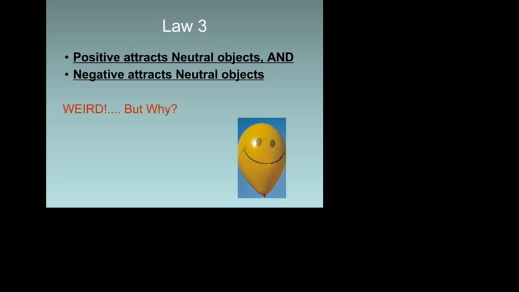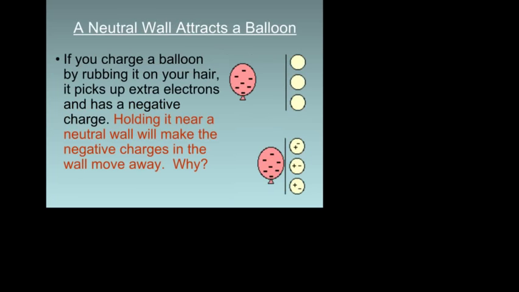So why are both positives and negatives attracted to neutrals? Let's talk about an example that either I've done in class or that I'm going to do in class, which is a wall and a balloon being attracted to each other.